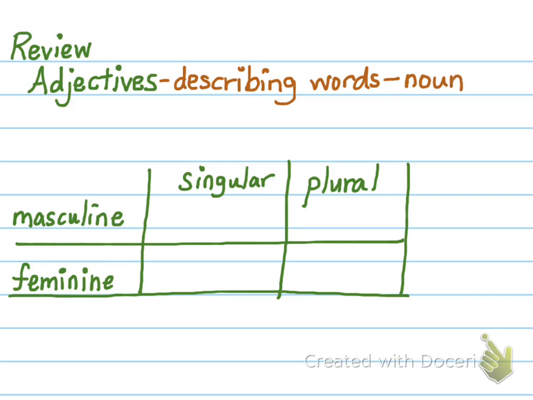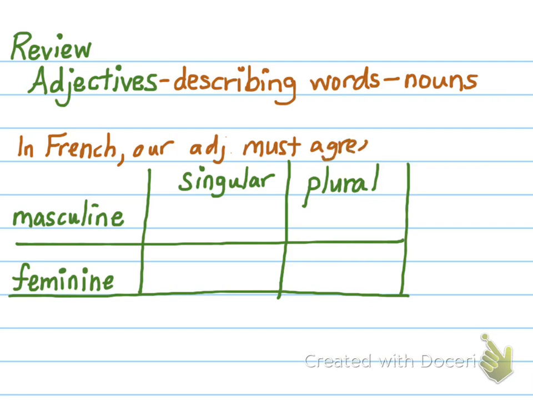And what we have to remember about French nouns is that French nouns are masculine and feminine and singular and plural. So in French, our adjectives must agree in gender.